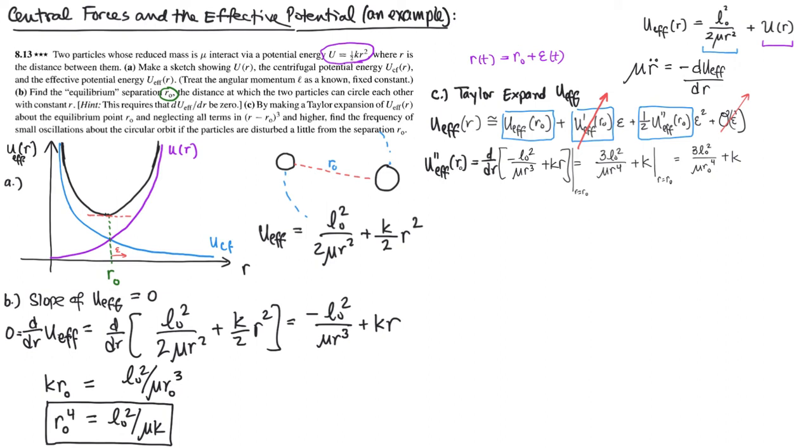Okay, but we already know an expression for r naught. We know that r naught is L naught squared over mu k. Or if you'd like, we can just replace the r naught to the fourth term here.